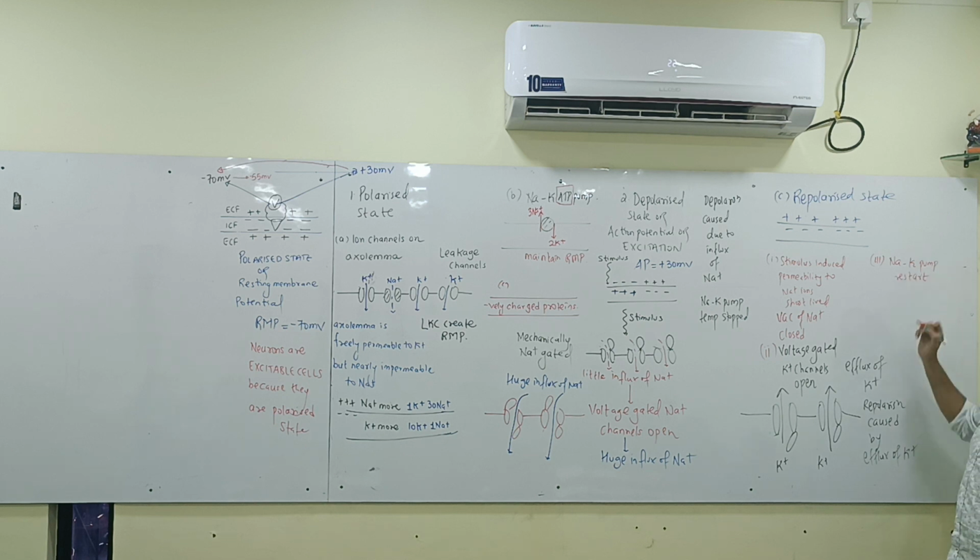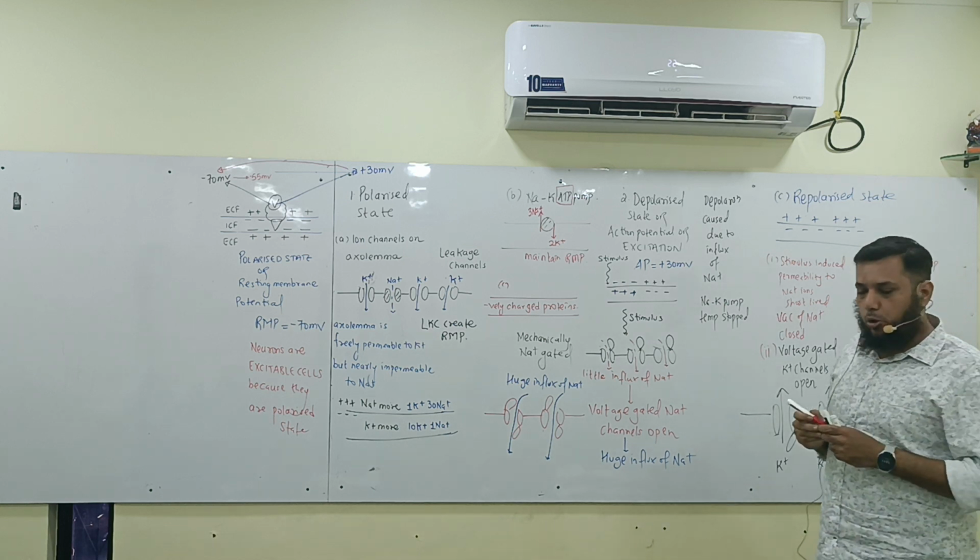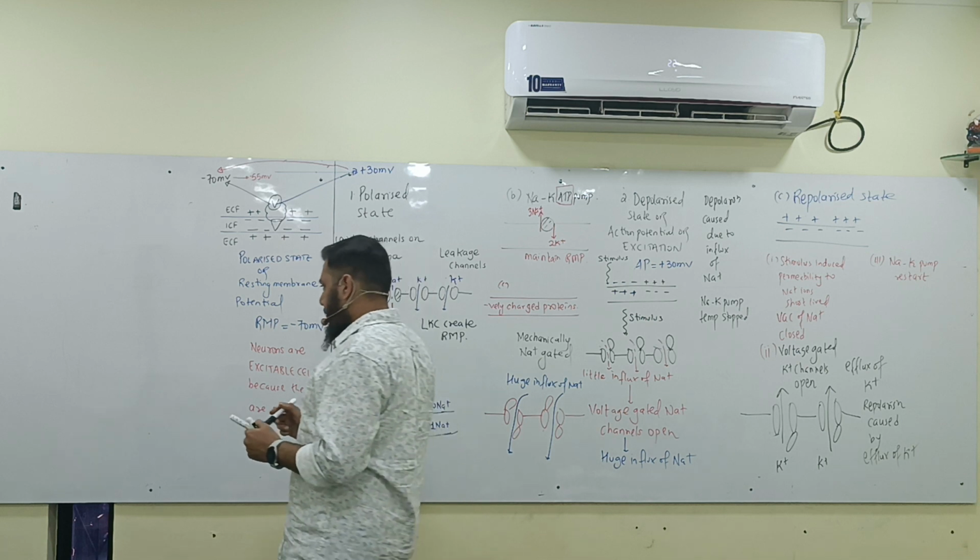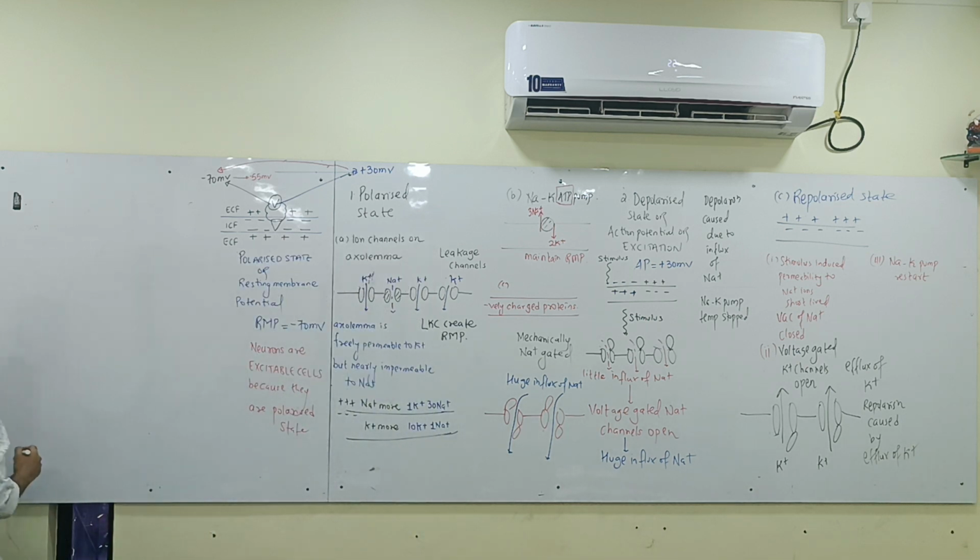And what will the pump do? It will pump out 3 Na plus and take in 2 K plus, as a result of which everything will become normalized. Okay? So, what are the 3 stages it is going through? Polarized state, depolarized state, and the repolarized state.